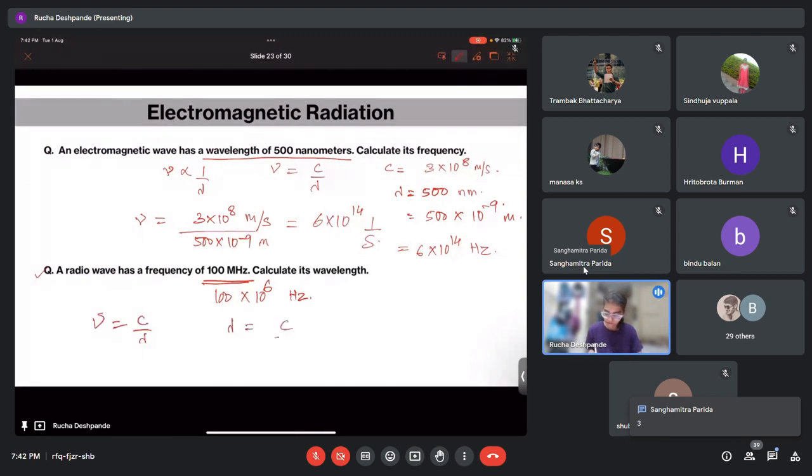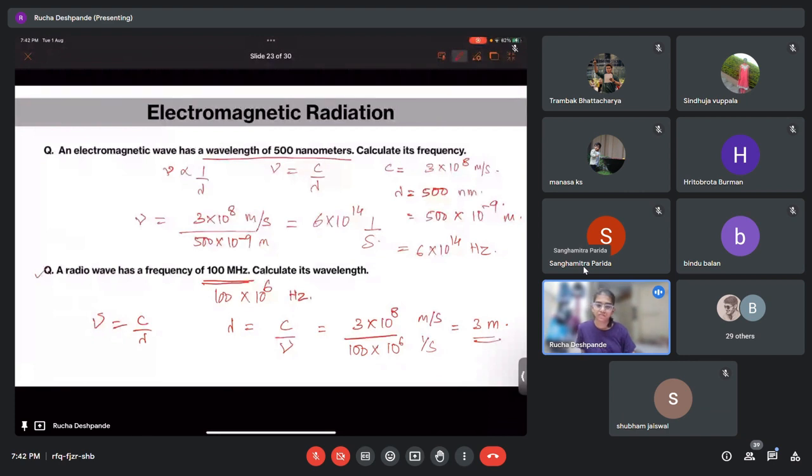Our c is 3 into 10 to the power 8 meters per second, and nu is 100 into 10 to the power 6. The 10 to the power 8 and 10 to the power 6 get cancelled, so we have 3 meters. Is that okay? Yes, ma'am.